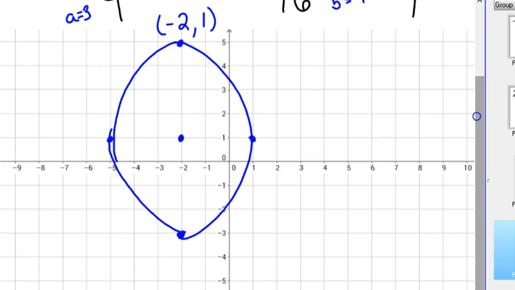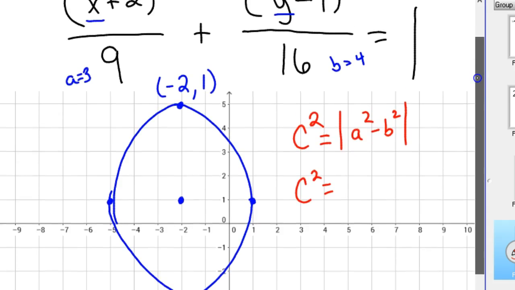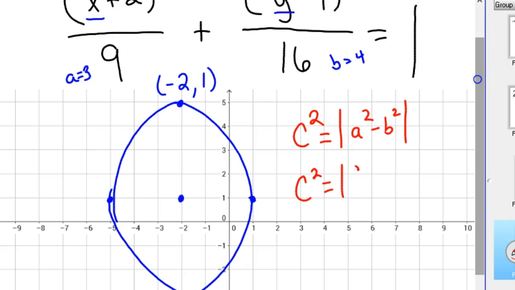And then the next two things, again, you find the distance to the foci. So c squared equals the absolute value of a squared minus b squared. So c squared equals, in our case, the absolute value of 9 minus 16. So c squared equals the absolute value of -7, which is 7.